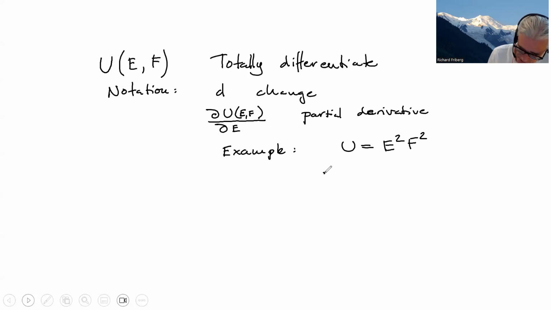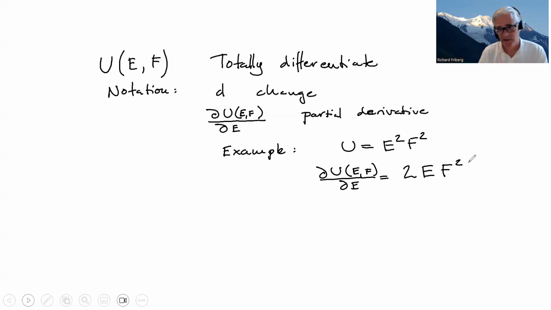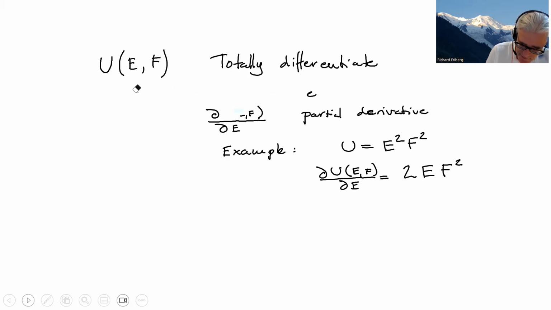If we're taking the partial derivative of that utility function with respect to E, we're just differentiating it with respect to E. It's raised to the power of 2, so the 2 comes down, raised to the 2 minus 1, so that's just 1. And F squared, we said we're keeping everything else constant, so that's just treated as a constant. So this is the partial derivative of utility with respect to E. That's just preliminaries for notation.